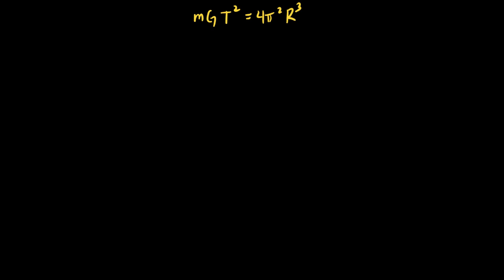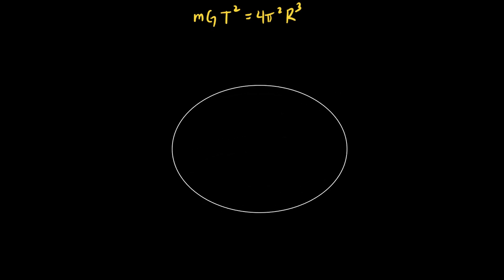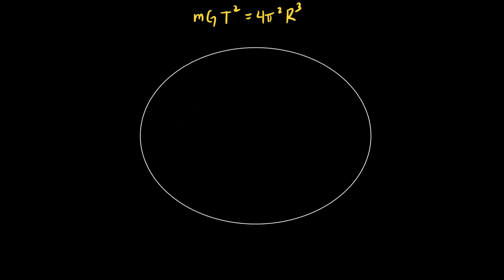You see, we did this for a special subset of orbits. What? Circular. Most orbits aren't circular. That was one of Kepler's other laws, that the planets actually all orbit in elliptical orbits with the gravity well located at one of the foci.